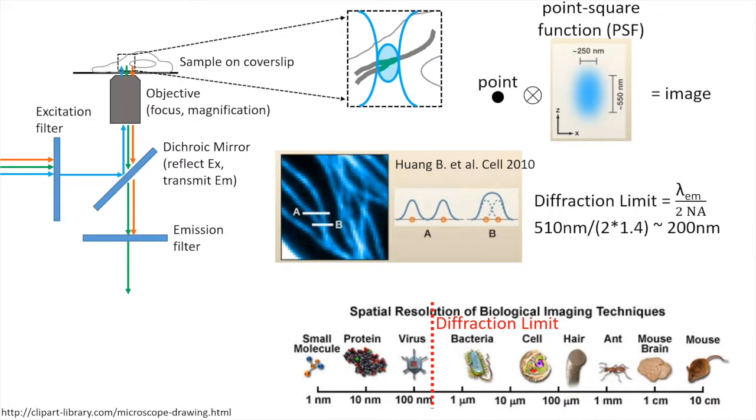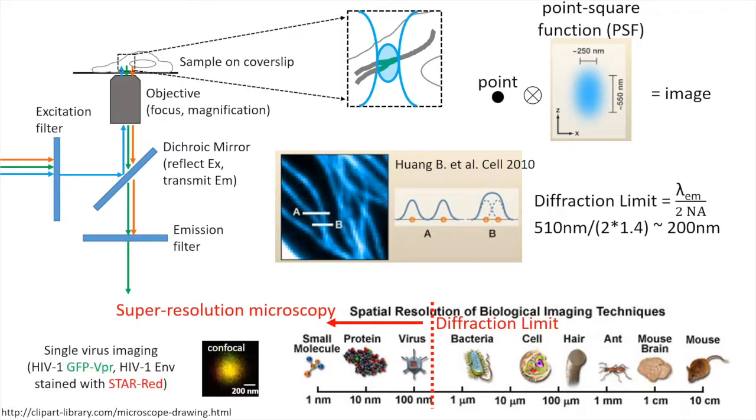However, if we want to image a protein structure on a virus, it's within the diffraction limit, so it's really hard to use conventional microscopy to image that. That's why we want to do super resolution or nanoscopy.